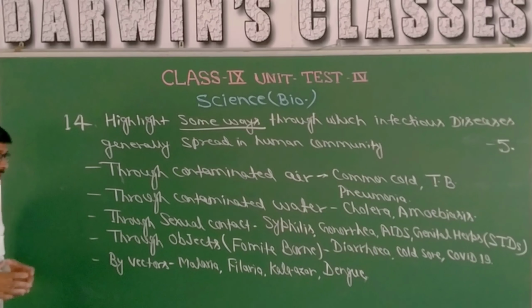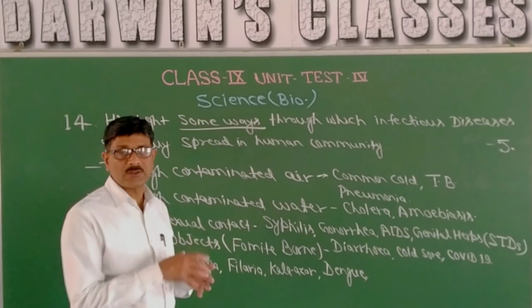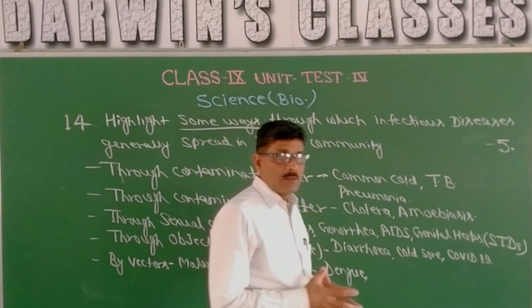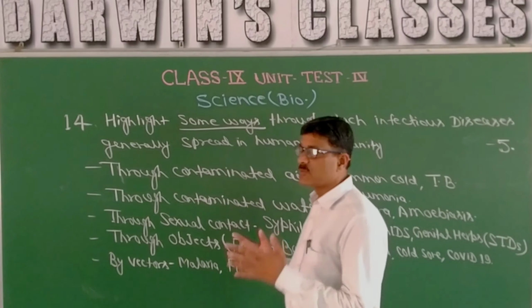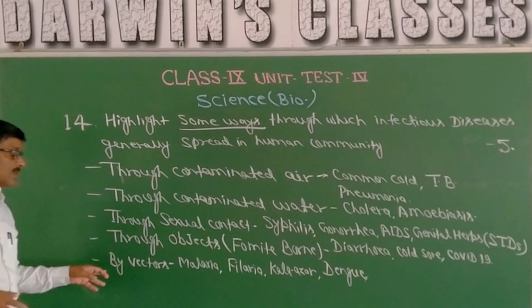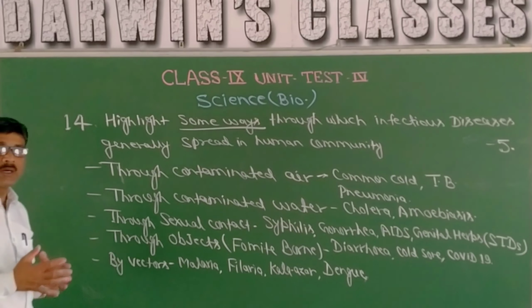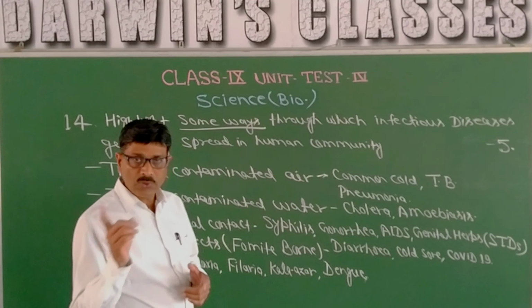Through objects, that means fomite-borne diseases like diarrhea, cold sore, and recently the pandemic COVID-19, are being spread through the objects, and by vectors, the organisms which transmit the pathogen from a diseased person to a healthy person.